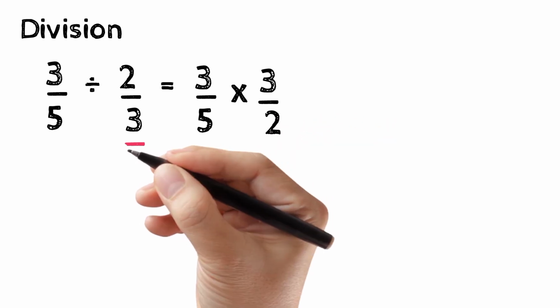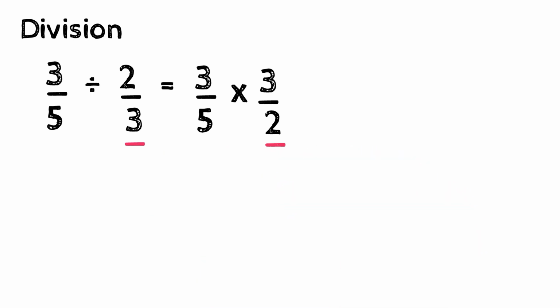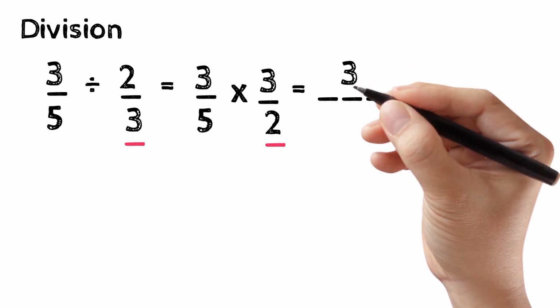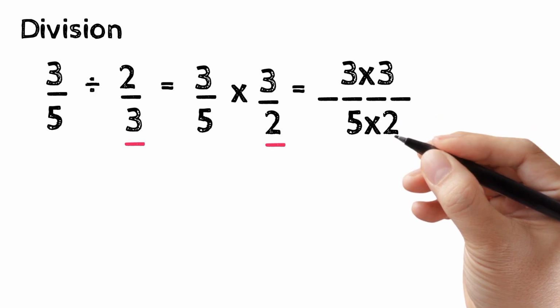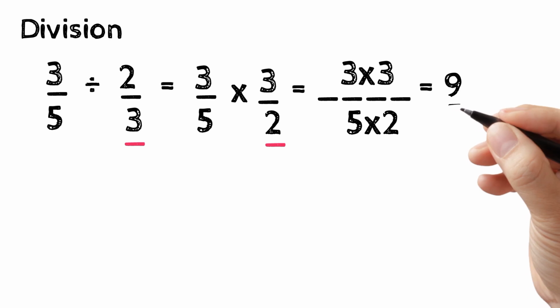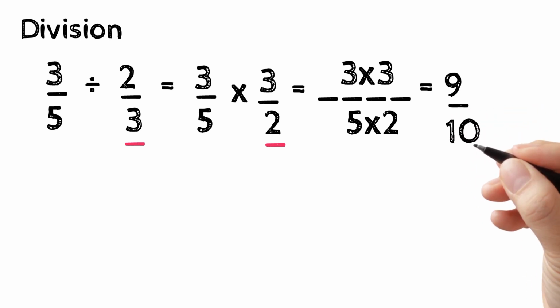As you can see here, it was 2 over 3. Now it is 3 over 2. Now do the procedures on how we do on multiplication of fractions. So 3 times 3, then down here it is 5 times 2. This is equal to 9 on the numerator and then on the denominator over 10.